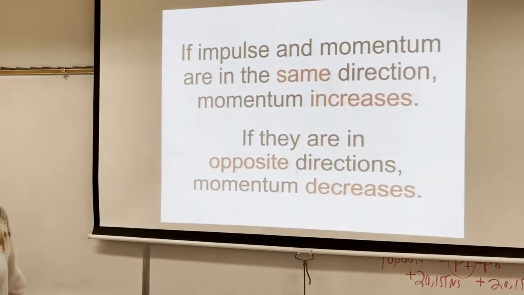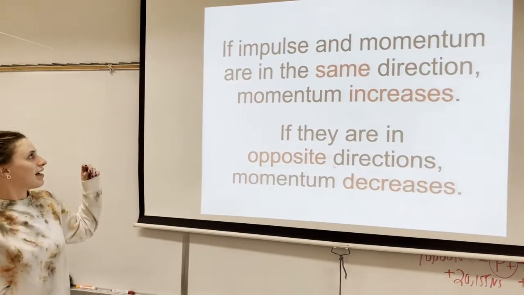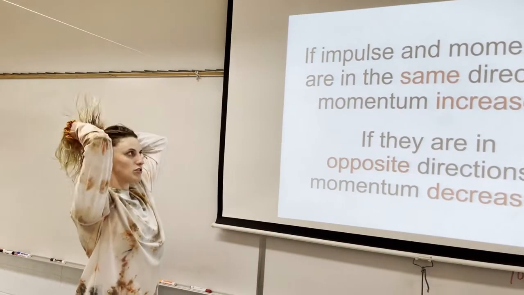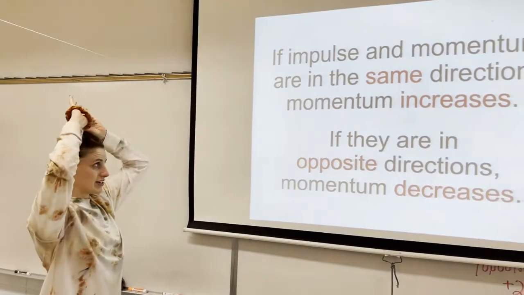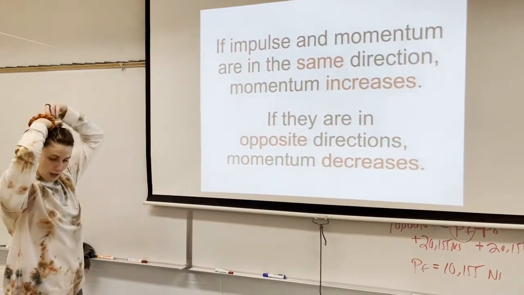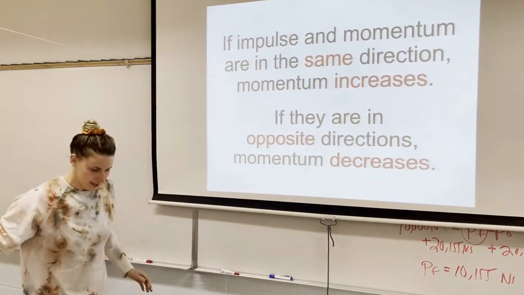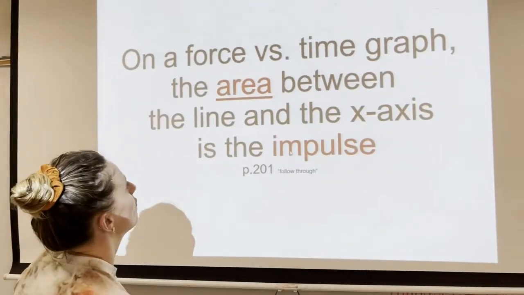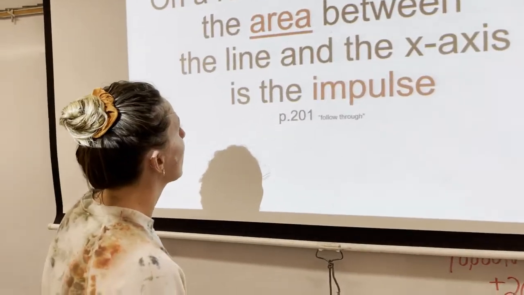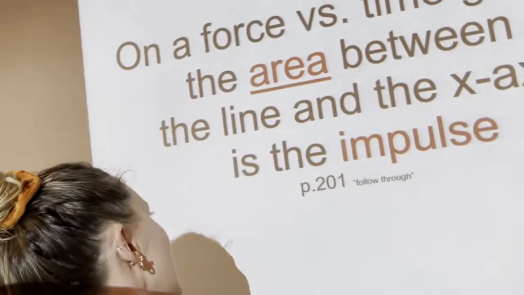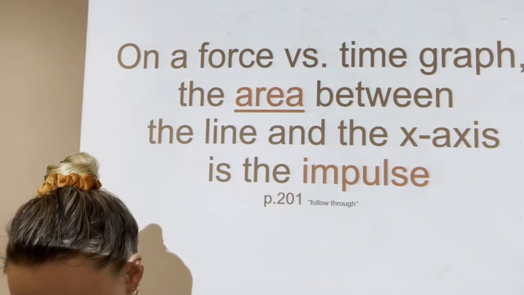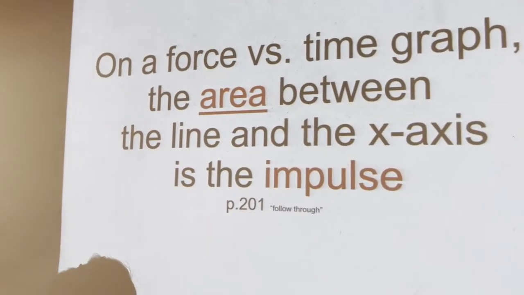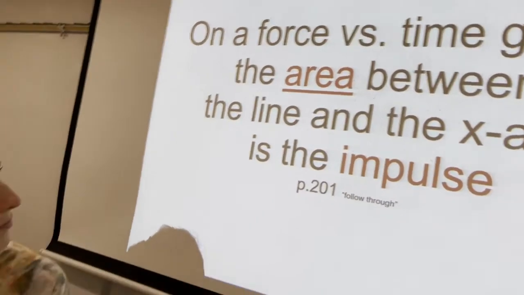Okay. So you guys saw that we were able to make the momentum increase when we added that impulse to the momentum, and we made it decrease when we kicked it the other direction or just stopped it. That's right. Okay. On a force versus time graph, the area between the line and the x-axis is the impulse. Okay, page 201.